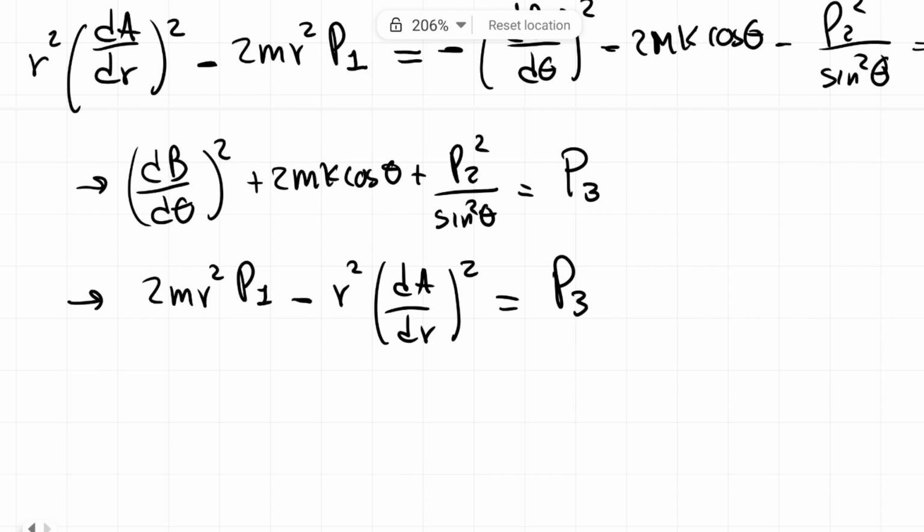Okay, so as you can see, we have a differential equation with the independent variable theta, and for the other one the independent variable is r.